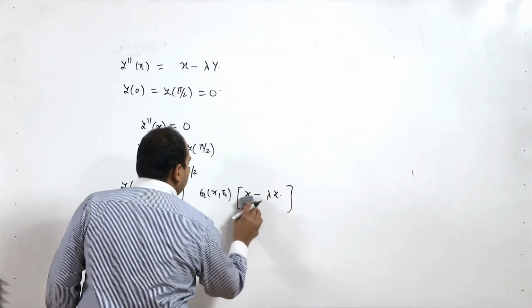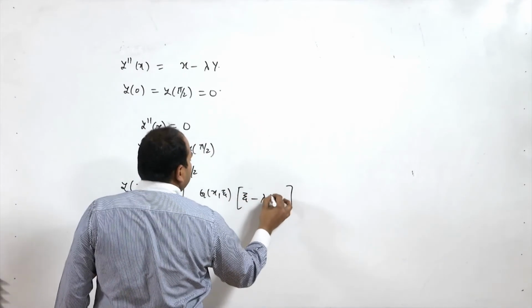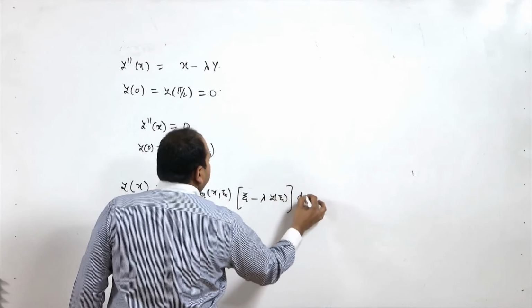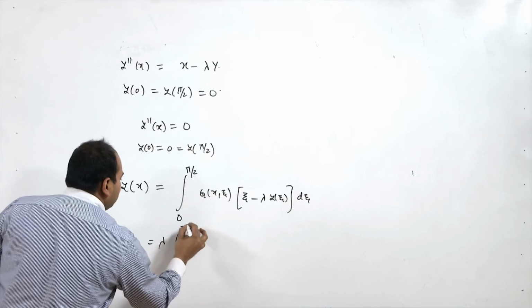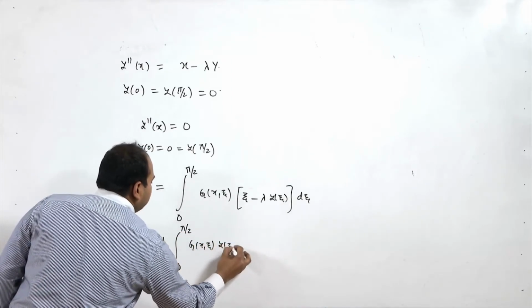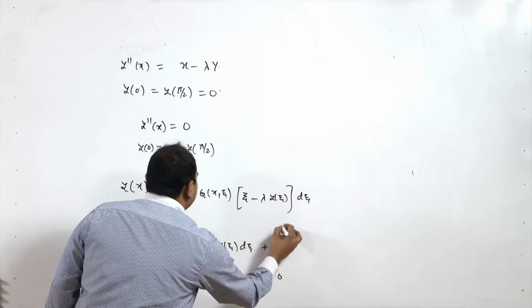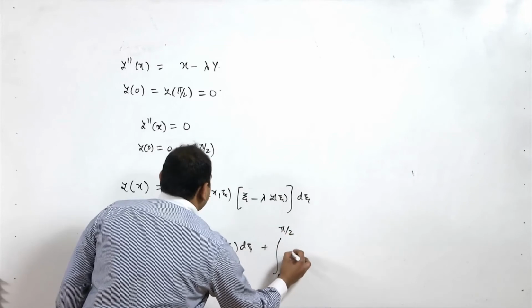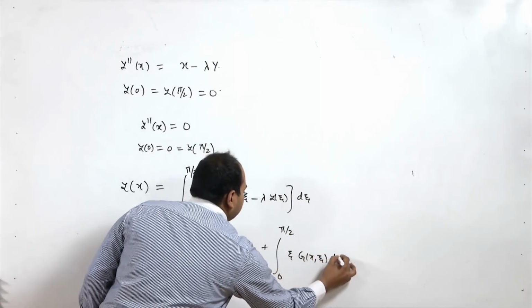So f(ξ) is basically ξ − λy(ξ) dξ. So if you simplify, you will get −λ∫₀^(π/2) G(x, ξ) y(ξ) dξ + ∫₀^(π/2) ξ G(x, ξ) dξ here.